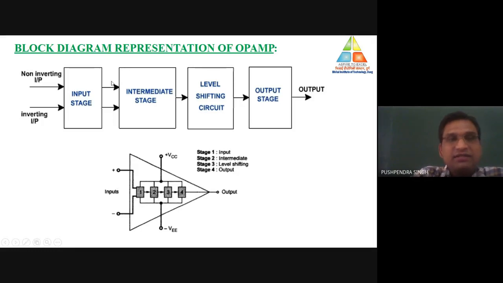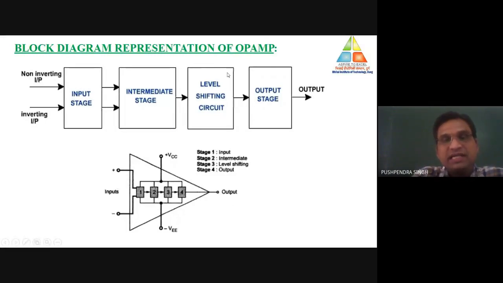And if the value of the operating point is changed, there would be distortion in the circuit. Due to this particular problem, which kind of problem? Change in the value of the operating point of the op-amp or of the transistor, we are using the third stage, the buffer or level shifting stage. The basic purpose of this level shifting stage is to nullify the amplification of stage number 2.